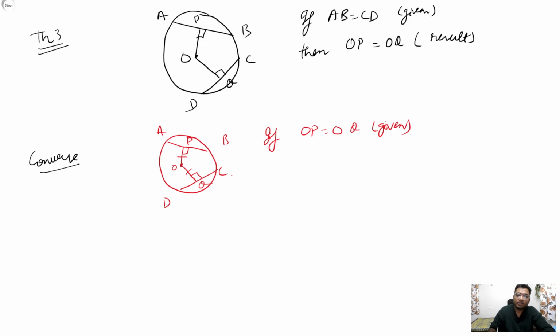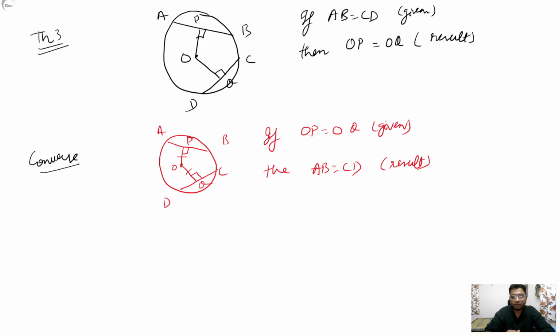Okay, then AB would become equal to CD, and that's your result. Of course this diagram looks very similar. If we just remove a complete chord and the perpendicular, it's just theorem number 1, right? So theorem number 3 can be interpreted like this, and remember there is always an element of theorem number 1 in this theorem. Okay, so equal chords have these two properties.